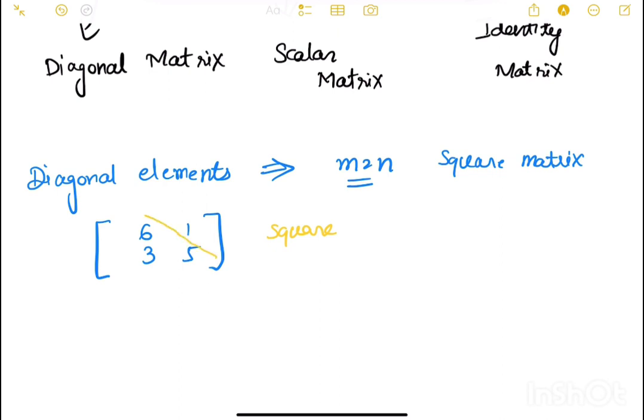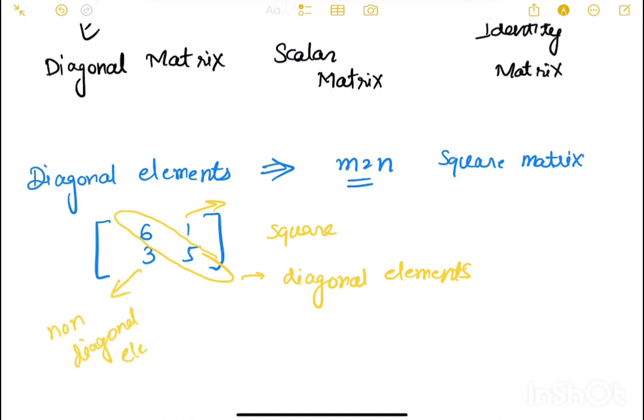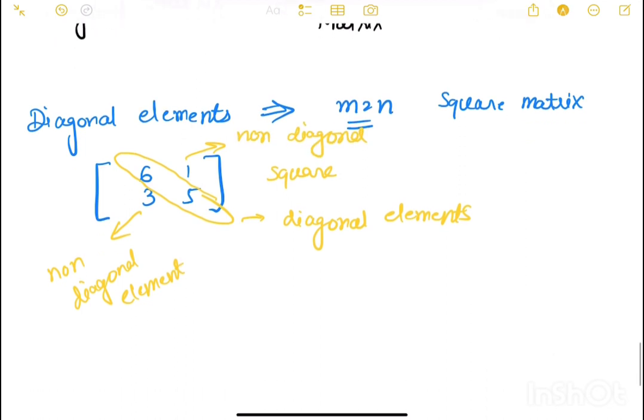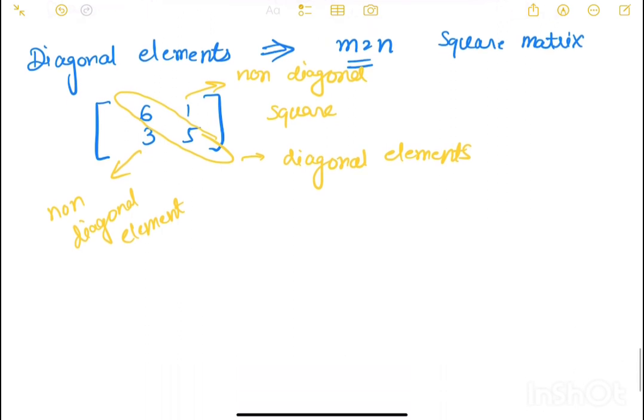What is the diagonal? This is my diagonal, right? So we call these diagonal elements, while the rest, this one and these two, are non-diagonal elements. This is also a non-diagonal element. So this is what we generally mean by diagonal elements.